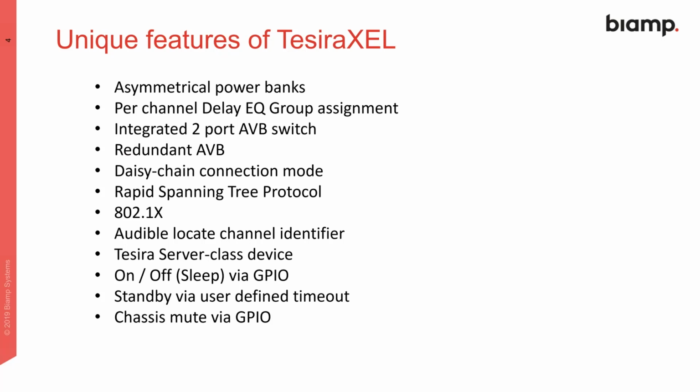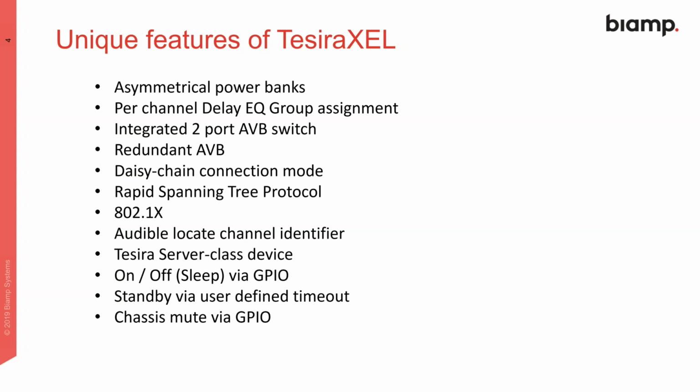Some of the unique features of TesiraXEL, the asymmetrical power banks, where we can assign power to any channel in any amount, up to 1200 watts. The per channel delay EQ group assignment, so we can treat each output as an independent zone within your building. We've got an integrated 2-port AVB switch in the device. Redundant AVB can be done with this device.